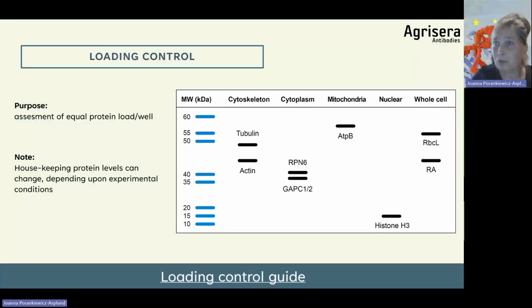Therefore, it will not be a good control. Quite many proteins in the cells will change their expression profiles. So to be certain that you're using a proper loading control, one should actually do mRNA profiling to check which proteins are actually constant.